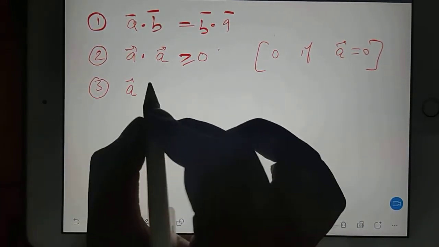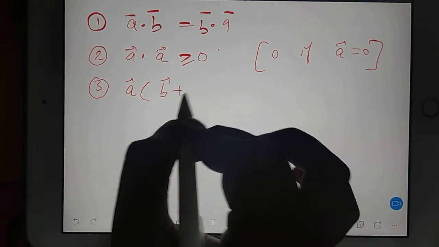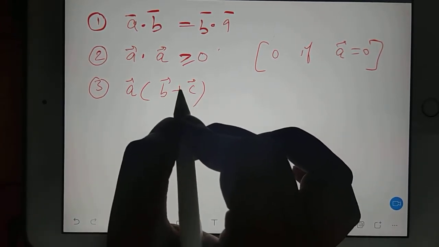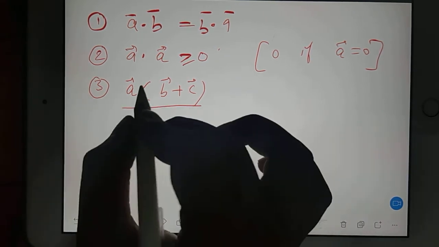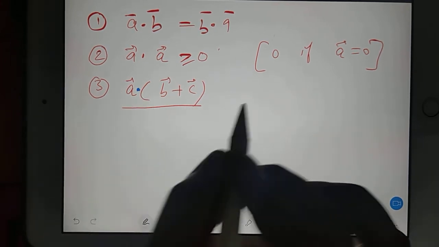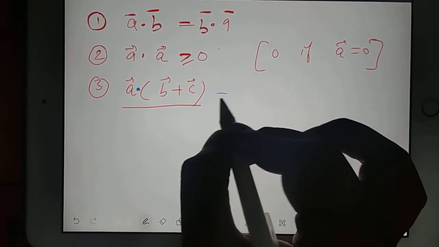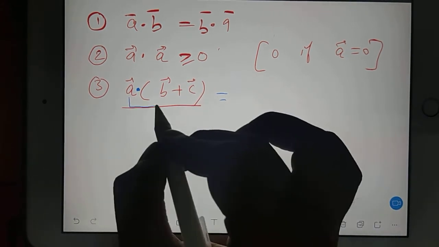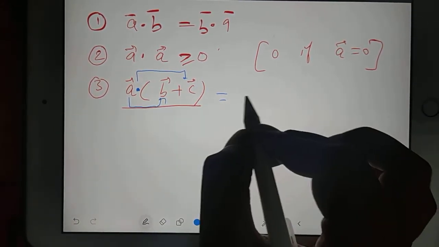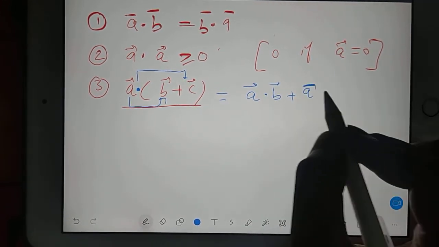If you have any vector a, and you want to multiply this vector a with vector b plus vector c, outside you cannot have simple multiplication. You have to make sure either you have dot here or you have cross here. So I am using dot here. In that case, you can simply take dot product with b also and with c also, like a dot b plus a dot c.